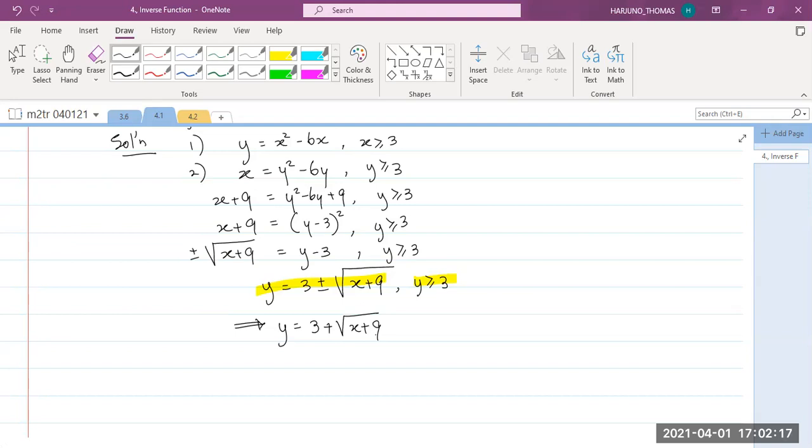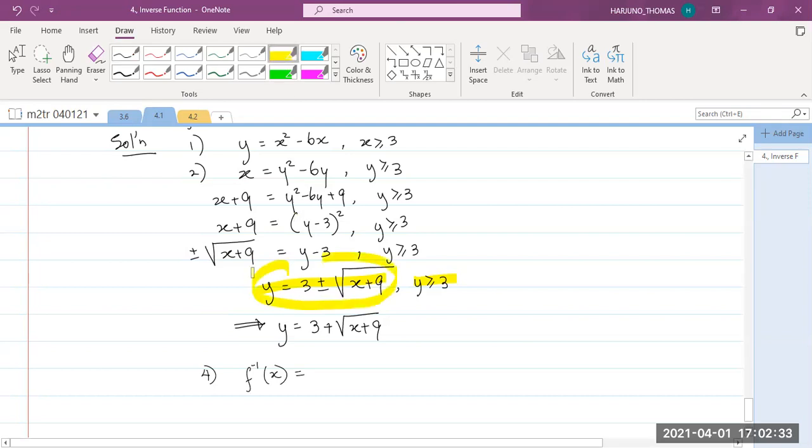So the only way is y equals 3 plus this square root. Then we can call that a function. With that plus or minus earlier, we cannot write it as an inverse function. It is not a function. Until you incorporate the restriction into that equation, then you will get a function. Therefore, we have the right to write it as an inverse function.